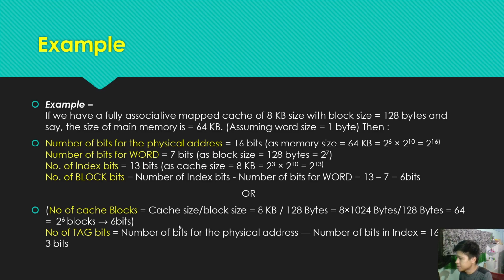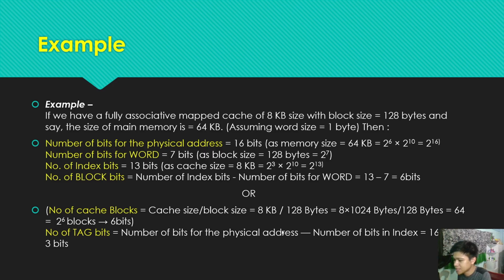If you take a look, this is similar to the last computation, or the computation in the first solution. So the number of block bits is equal to 6 bits, and the number of cache blocks is also 6 bits. And then the number of tag bits is equal to the number of bits for the physical address minus the number of bits in index.